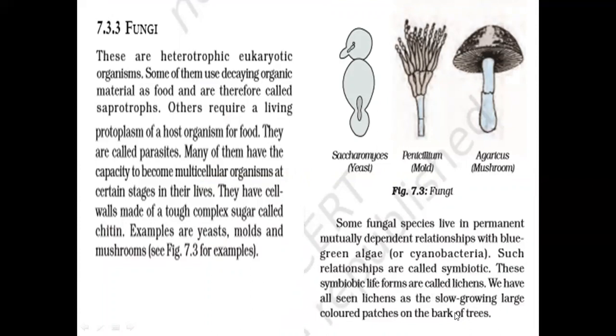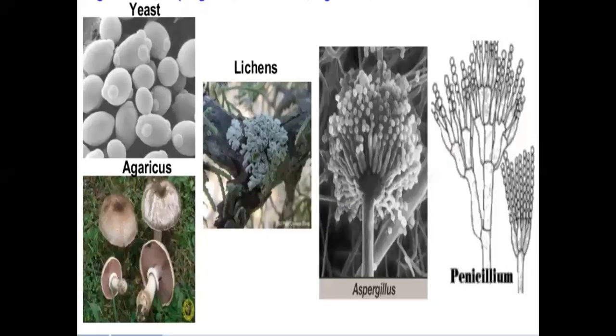Usually you can see green patches on the bark of a tree. That is nothing but lichens, the symbiotic relationship with blue-green algae. Examples of fungi are yeast, agaricus, lichens, aspergillus and penicillium.